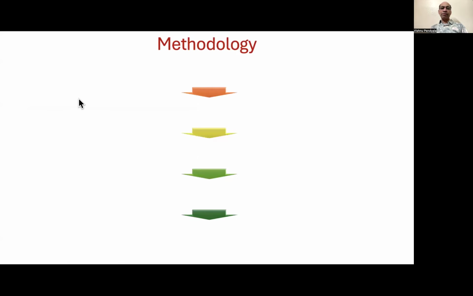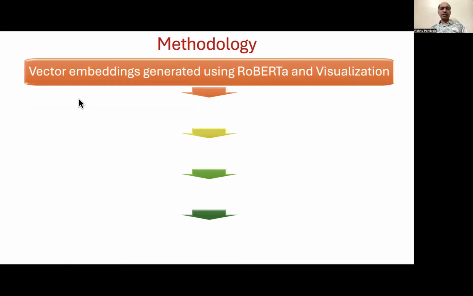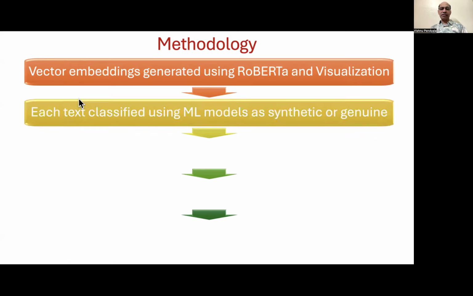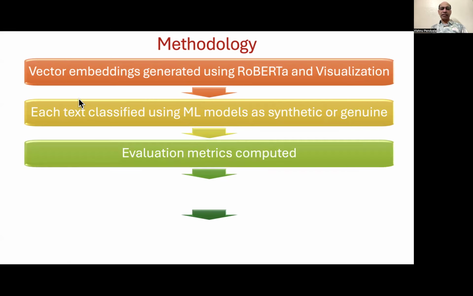So the methodology we followed is to generate the vector embeddings using frameworks like RoBERTa and visualize them to see if there are any patterns which will help us answer the research questions, particularly the first research question. And then we use machine learning models to classify each text as synthetic or genuine.